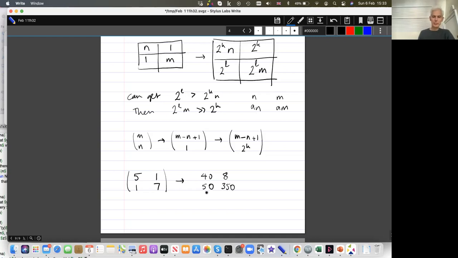But actually let's multiply by a bit more than 50. Let's go up to just some nice big number, 100 and 700. So the ratio between those two numbers is a bit less than 100. I could even go a bit further. I think I want to go even further.